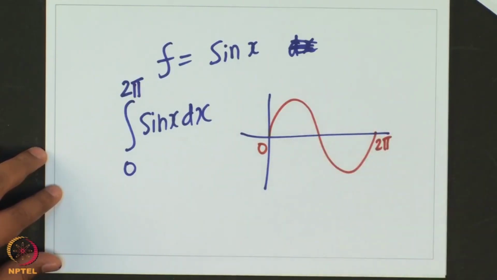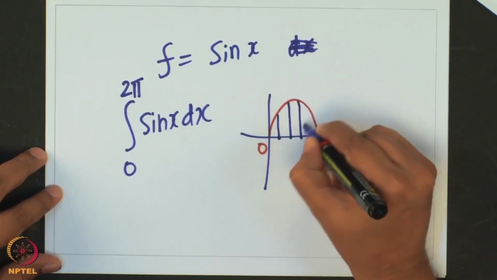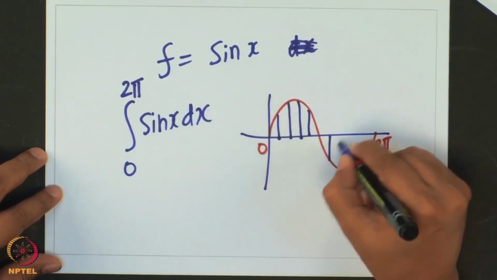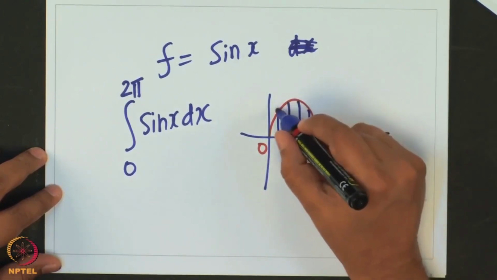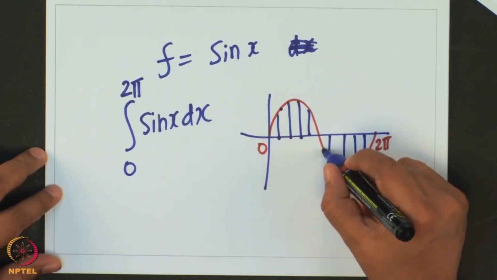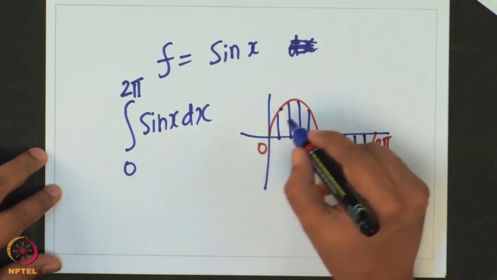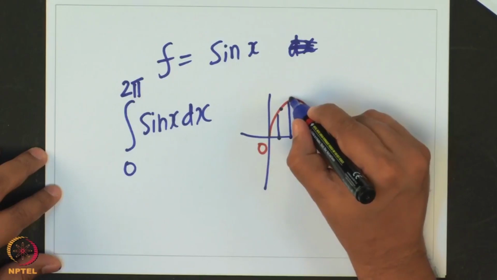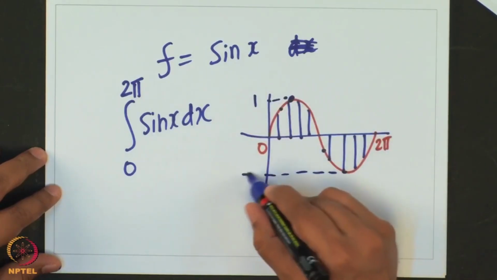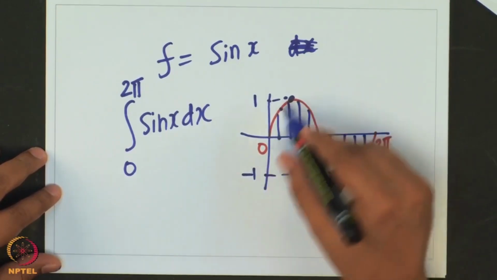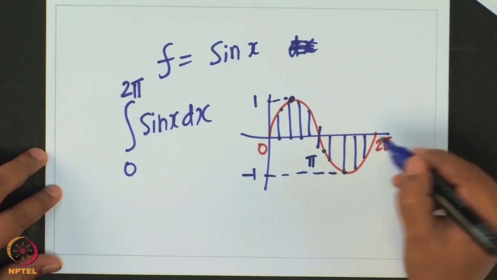If I divide this into small areas, one would see that whatever be this value, there will be a corresponding equal negative value here. So for example, this is 1 and this is minus 1. So this point is pi.